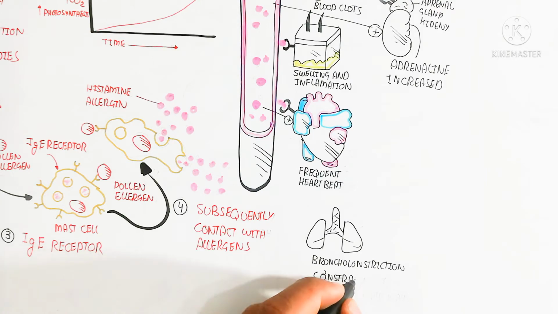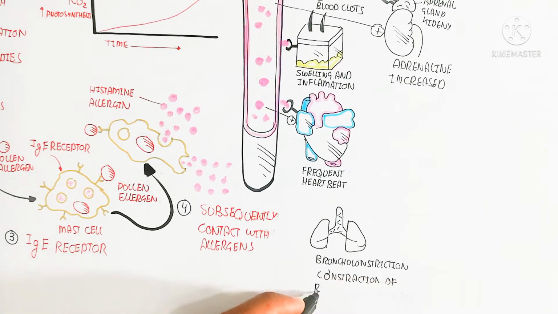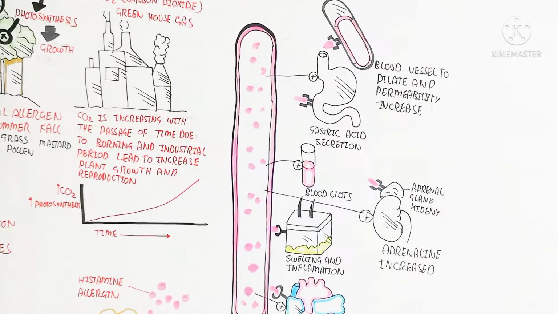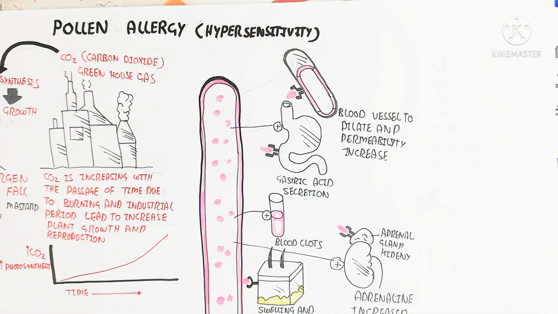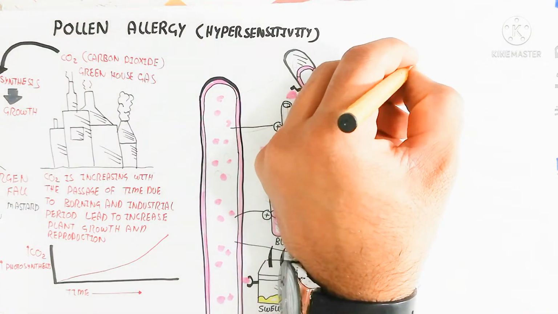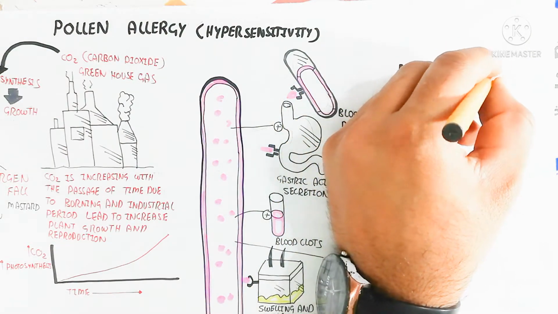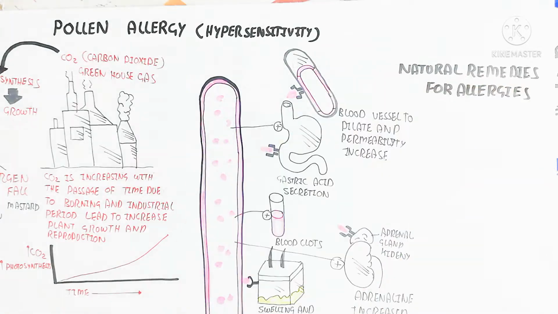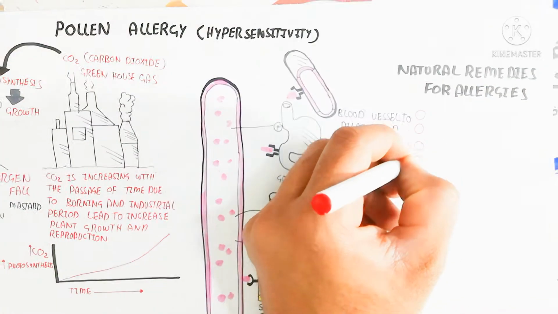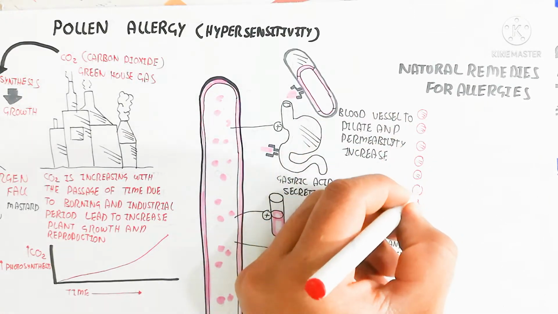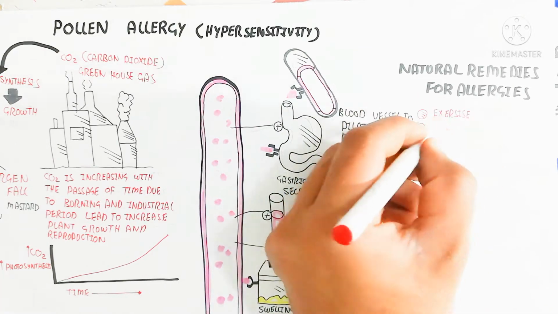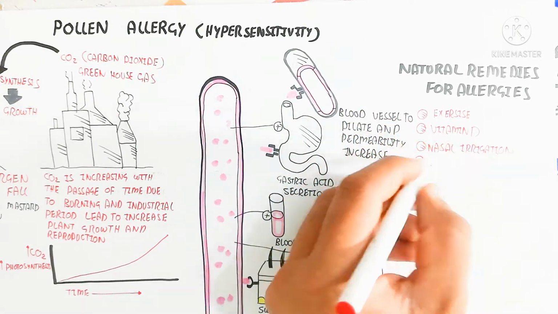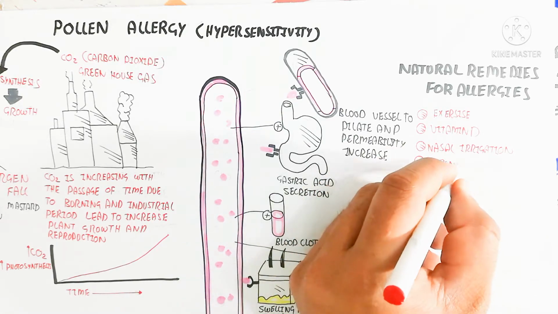So here is bronchoconstriction, the respiratory airways will constrict. Natural remedies for allergies include exercise and vitamin D supplementation, because vitamin D is very important for the regulation of the immune system.